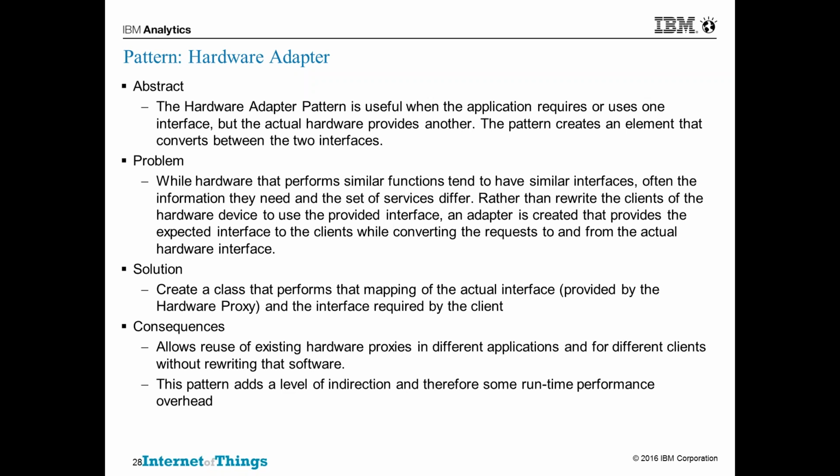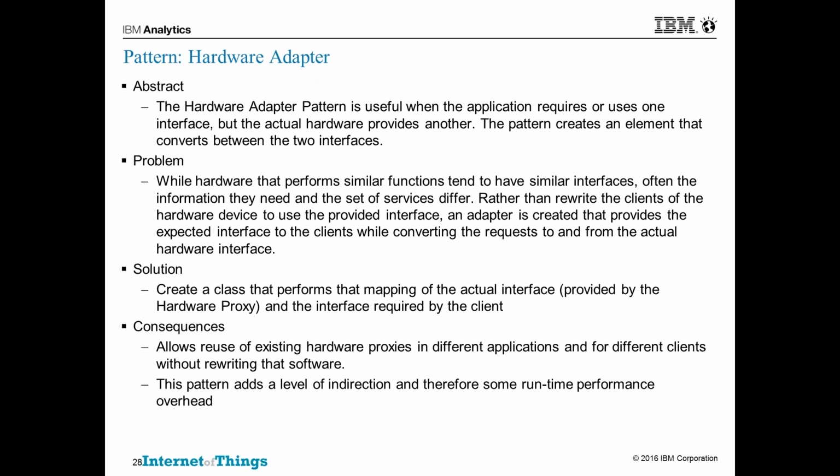Hardware that performs similar functions tends to have similar interfaces, but they may not be the same. Sometimes some math has to be done, some work needs to be done to do the conversion, to do the impedance matching between the desired and the actual interfaces. But what you want is to be able to reuse the existing interfaces without rewriting the software, and you want to use the device drivers you already have for the hardware.